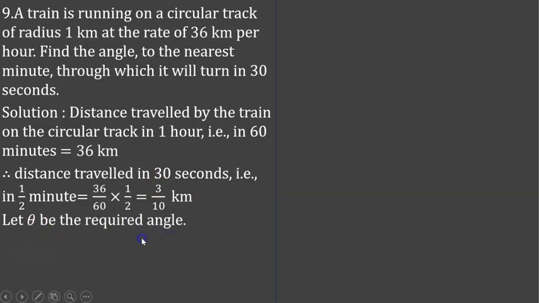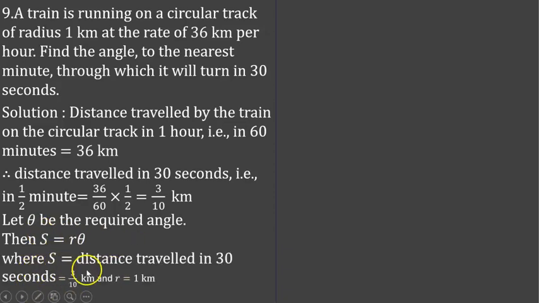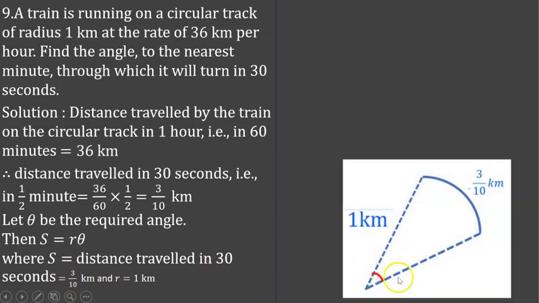Let theta be the required angle, then s is equal to r theta, where s is the distance traveled in 30 seconds, that is equal to 3 by 10 kilometer, and r is equal to 1 kilometer. Now see this here. This is the distance traveled by the train in half a minute, and this is the radius of that track.